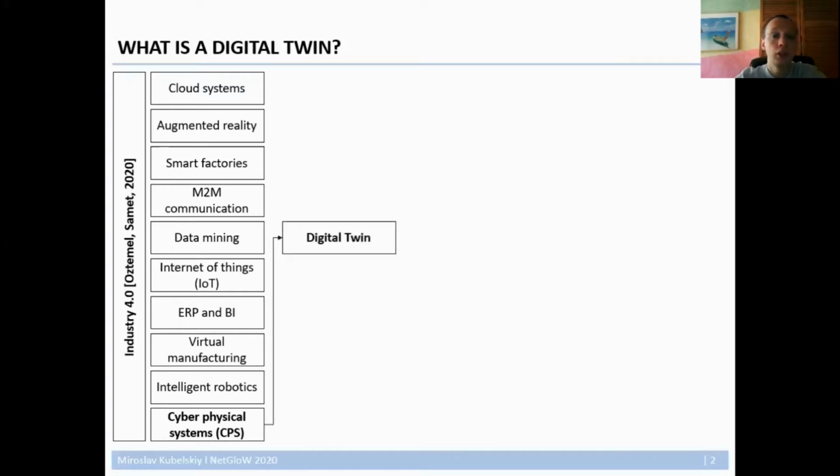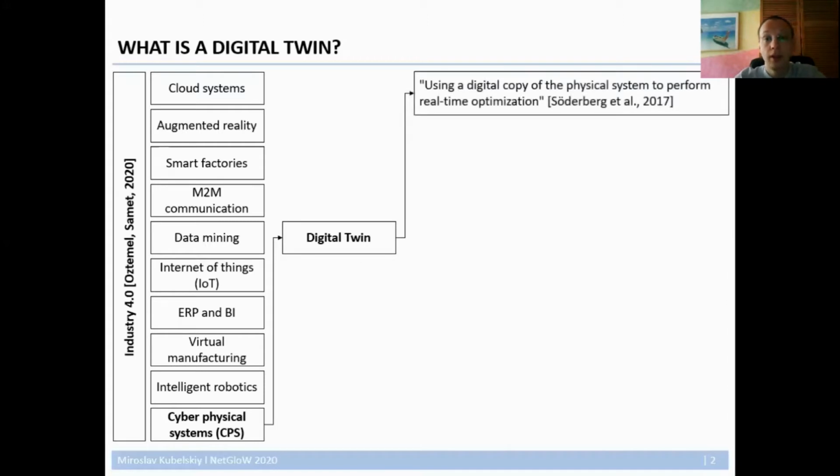And digital twin is an example of cyber-physical systems, and it has many definitions, and one of them is using a digital copy of the physical system to perform real-time optimization.